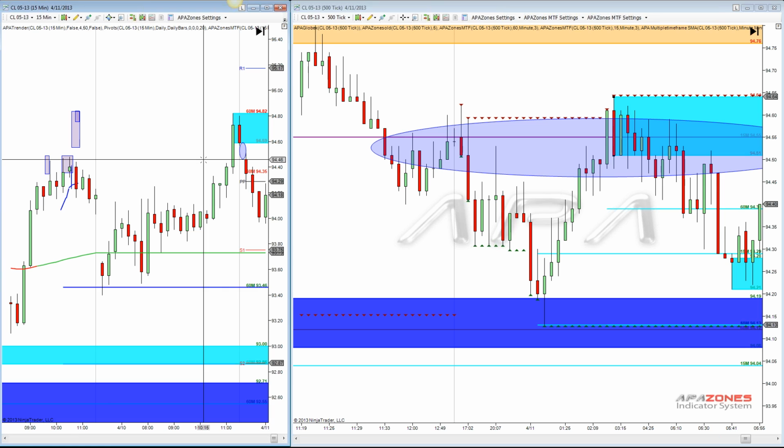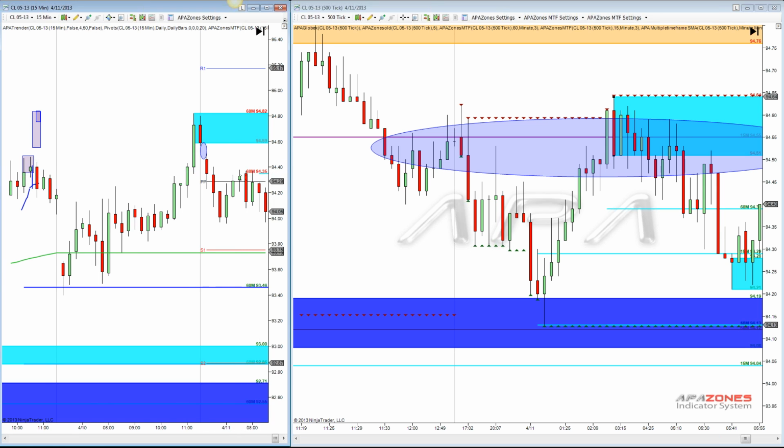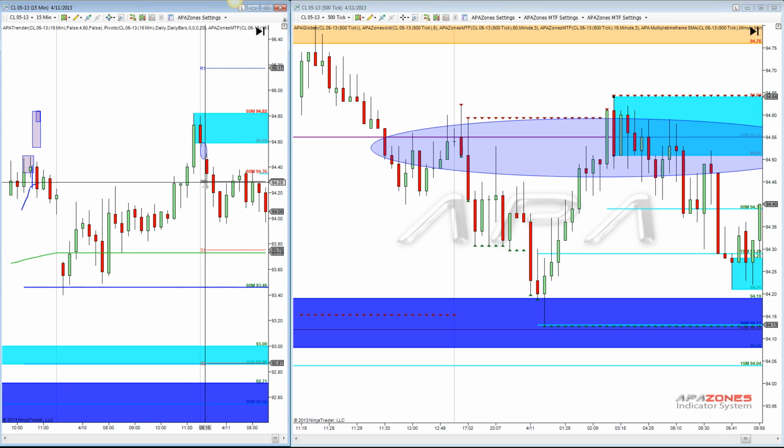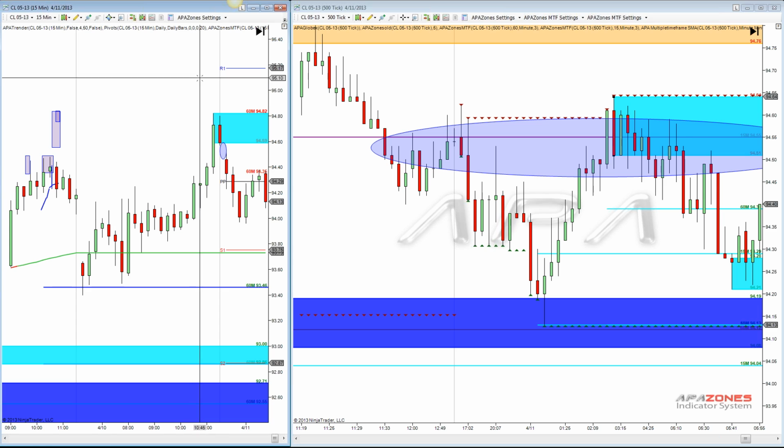So a little movement like this will not shake you out or make you question what is going on, because we know that it was the 60-minute zone basically. I hope that makes sense, and that it really does help you in setting up the Apazone software from here on out.